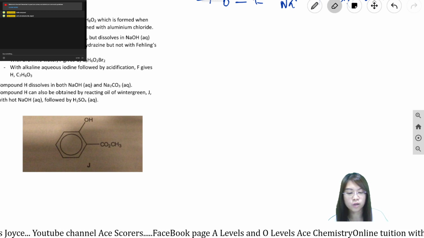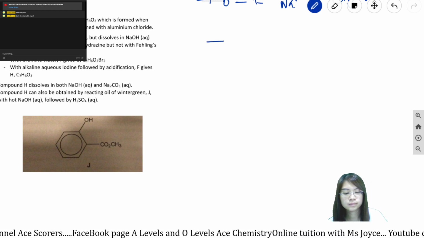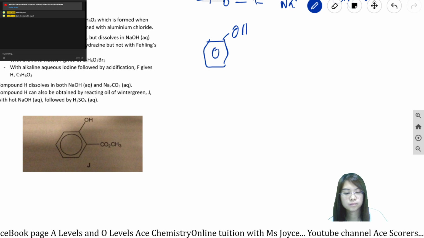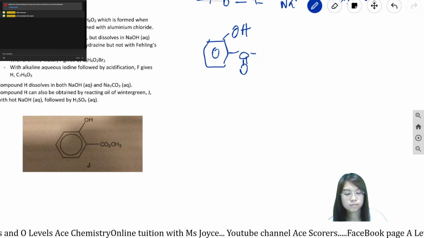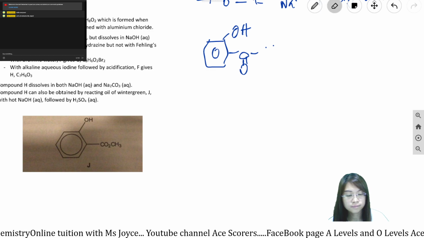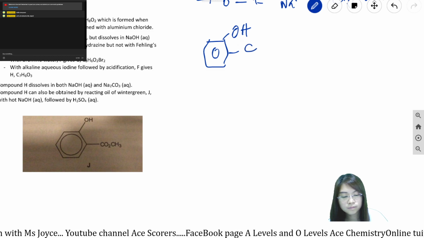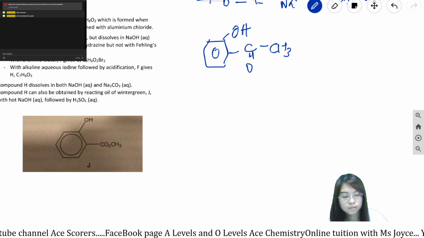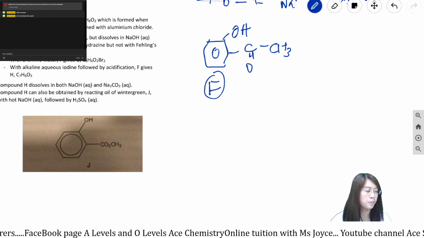Now, since we know the structure of F, let me redraw it again. Okay, this is F.